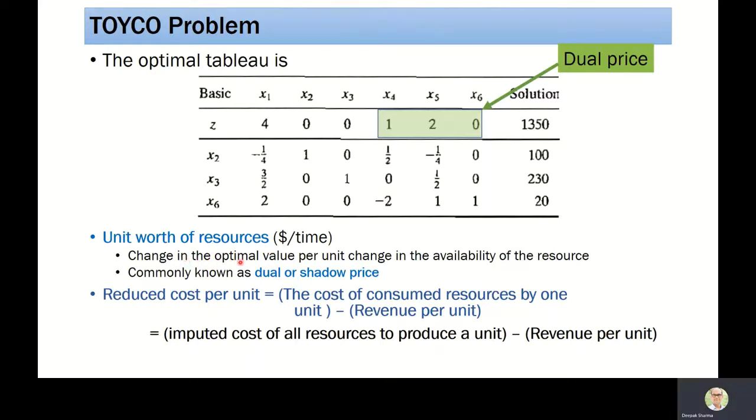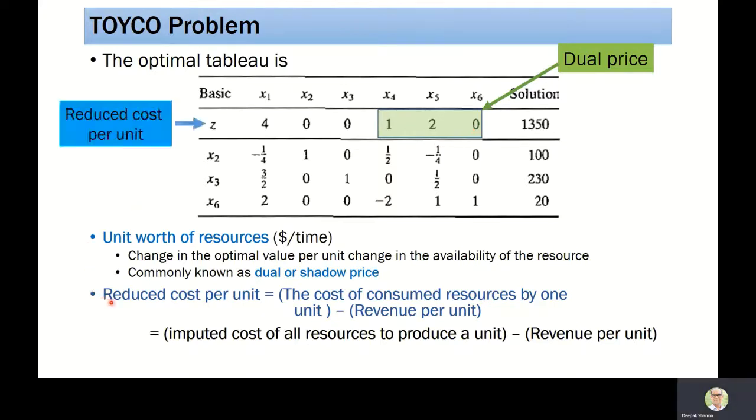It says the change in the optimal value per unit change in the availability of the resources. So if we change the right hand side of operation 1 or constraint 1 by 1 unit, this much amount of revenue will change. Similarly for x5 for operation 2, and x6 it is 0.